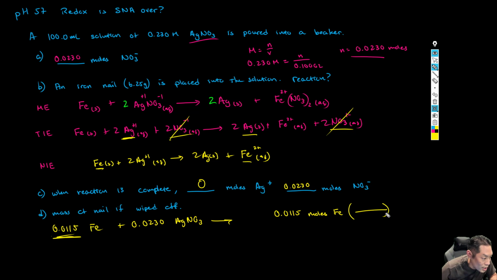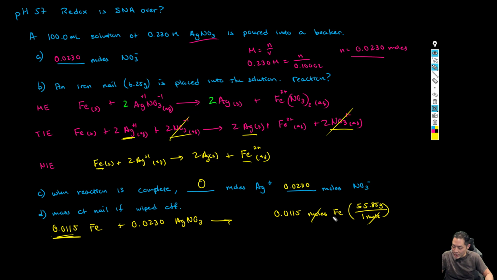The molar mass of iron is 55.85 grams, so 1 mole of iron is equal to 55.85 grams.